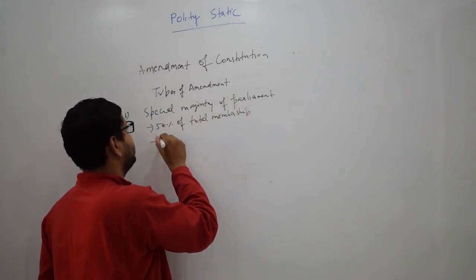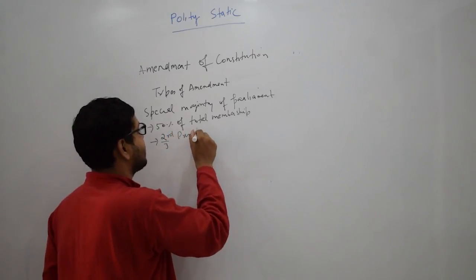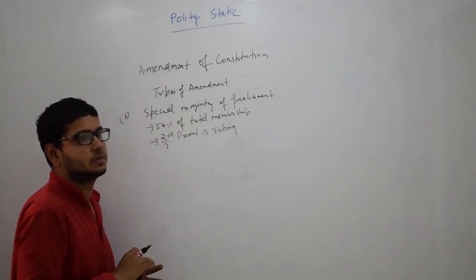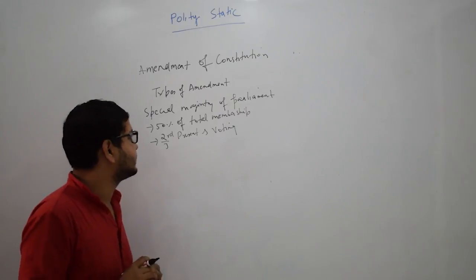And second is that 2/3 present and voting. These are the two main criteria for the special majority.